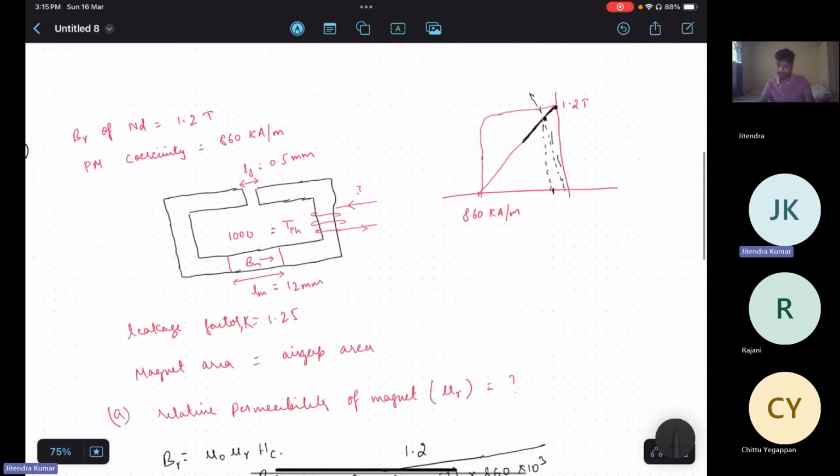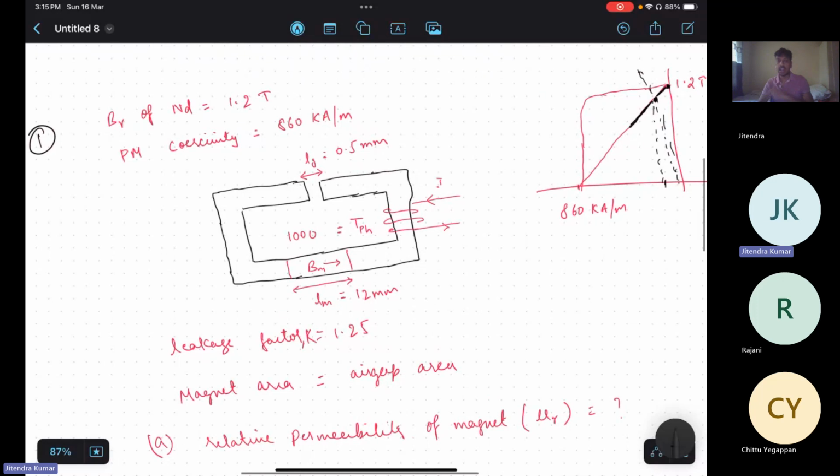So see, the problem consists of an electromagnetic device, where a permanent magnet is placed here. This is the permanent magnet with such length, BR, permeability, everything is provided. Leakage factor is also provided, and it is also mentioned that magnet area is equal to air gap area. Now, there is an air gap in the circuit.